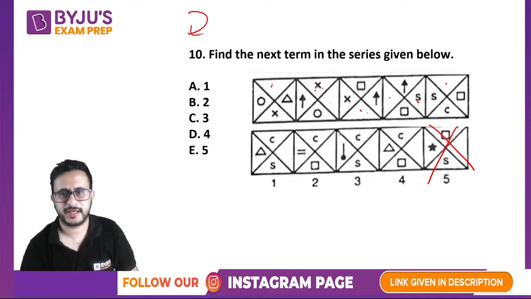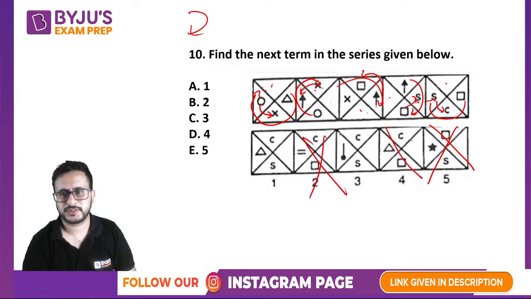So if you consider a clockwise direction, this one is just before the blank, it has moved one space like this. This one is just before the blank, it has moved one space like this. Clockwise direction में देखना है. Just before the blank, it moved to this position. Right, so S is just before the blank and S will move to this position. Right, so we can eliminate two more options.